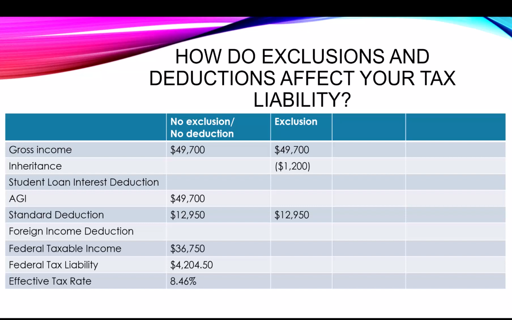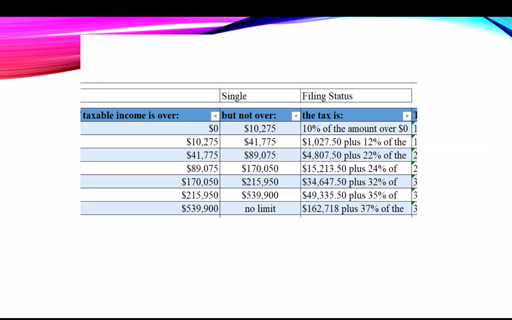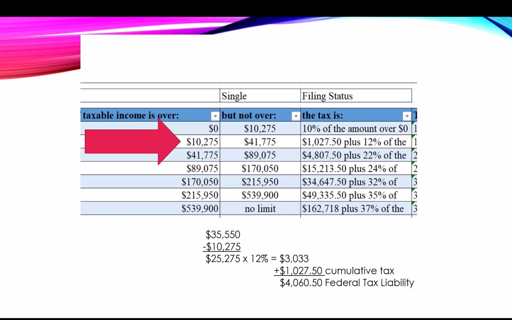So we would go ahead and remove that, and we would arrive at the AGI, or adjusted gross income, of $48,500. We would then remove our standard deduction and arrive at his federal taxable income of $35,550. We would then move back to the federal tax rate schedule, go to the second row, and compute his federal tax liability under this new scenario of $4,060.50.